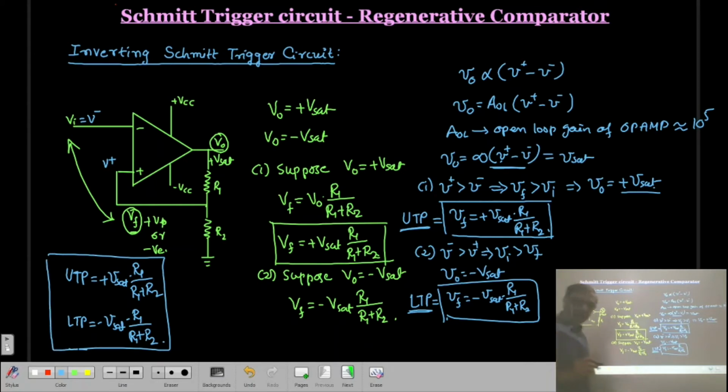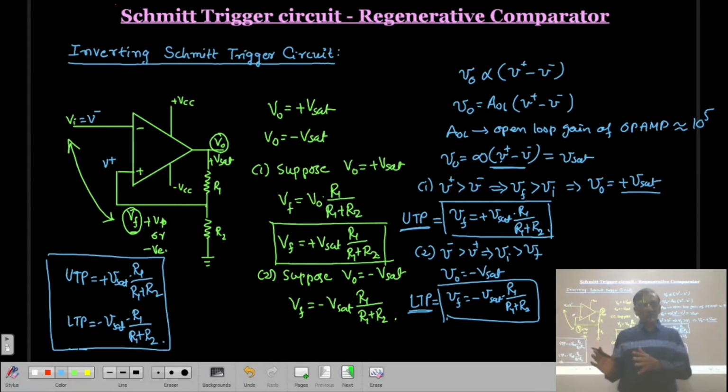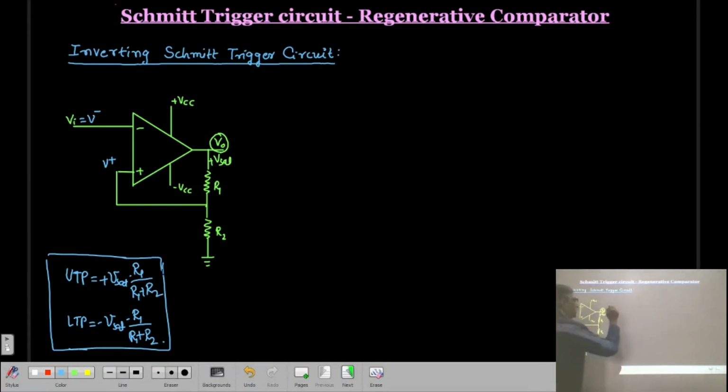Now, let us see the behavior of the circuit. We apply different input voltages and check what the output voltage will be. So here I am making a table. My input voltage will be there, then the feedback voltage.